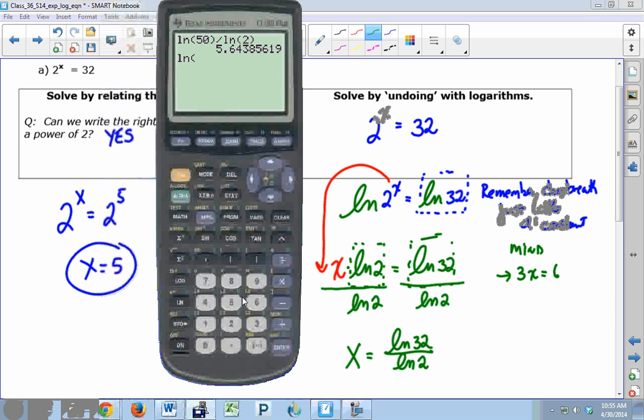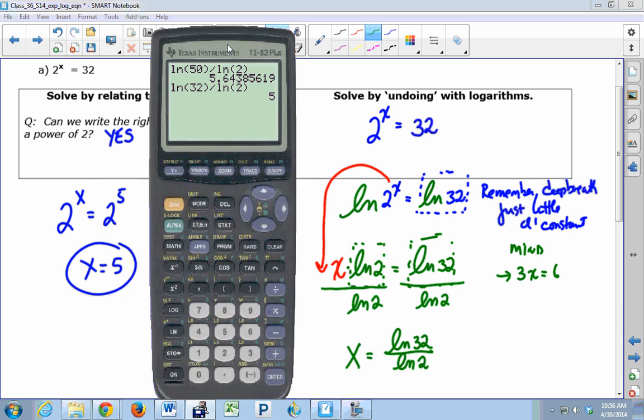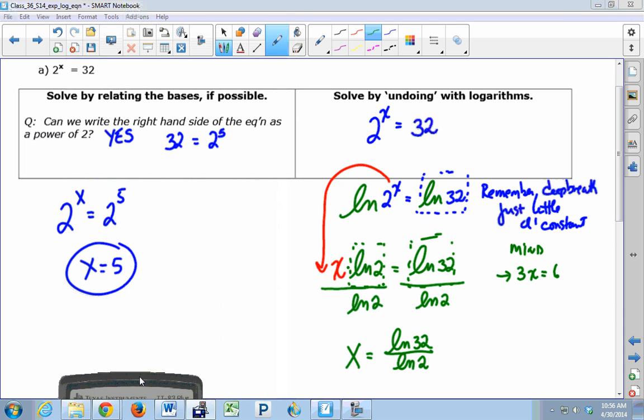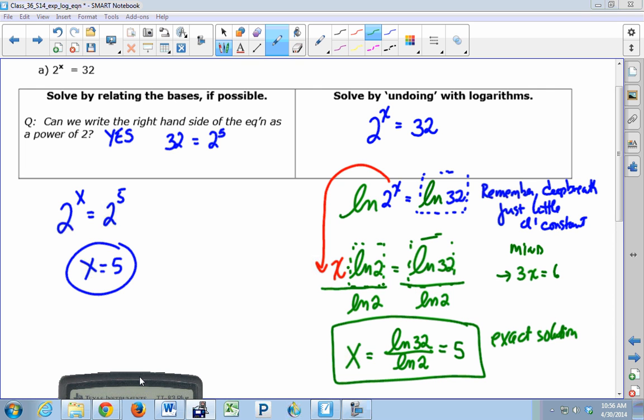Natural log of 32 divided by the natural log of 2 is 5, okay? So if I ask you to simplify it or estimate it, in this case, often you estimate it with a decimal answer, but this you can say is exactly the same as the number 5. So there's my exact solution. I don't even have to estimate it because my answer is a rational number.